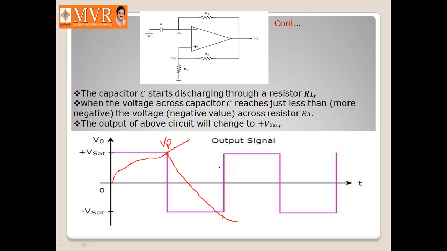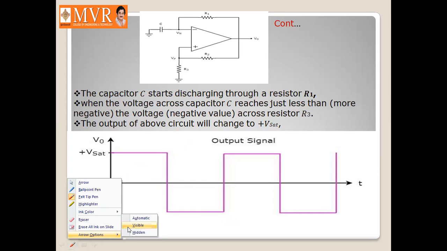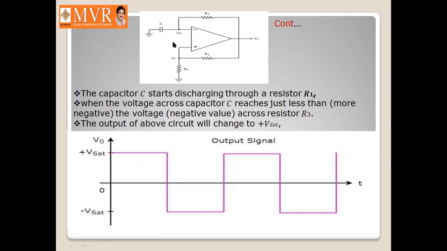If you observe that charging and discharging of this capacitance, then we are going to obtain the square wave. Based upon this capacitance charging and discharging, and this capacitance value and resistance value, it is going to produce a square wave.